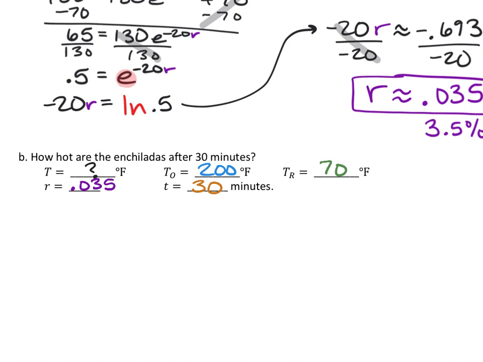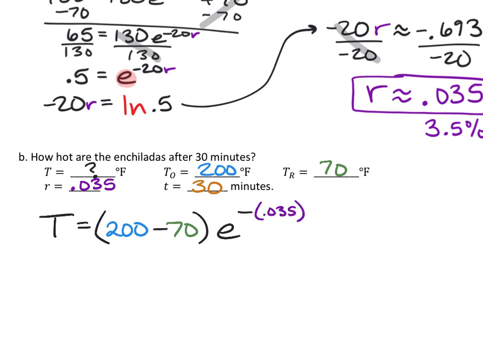T for temperature, we don't know it, so we're going to leave big T right there. It's going to be equal to 200 minus 70 times e to the negative r times t, plus our room temperature.